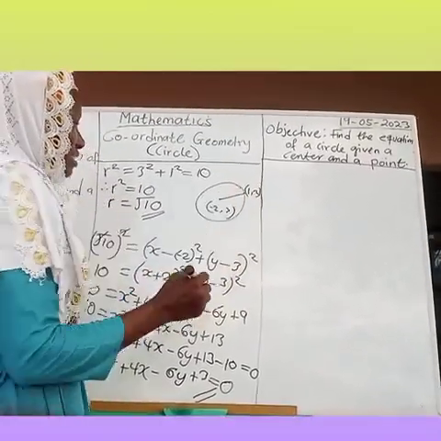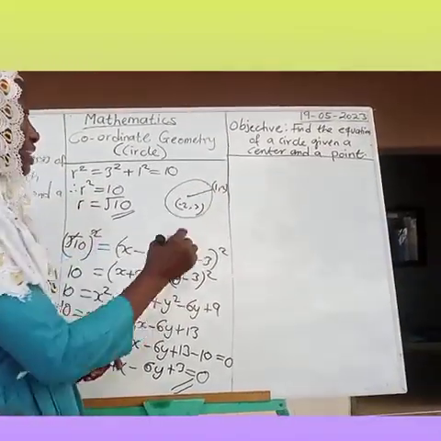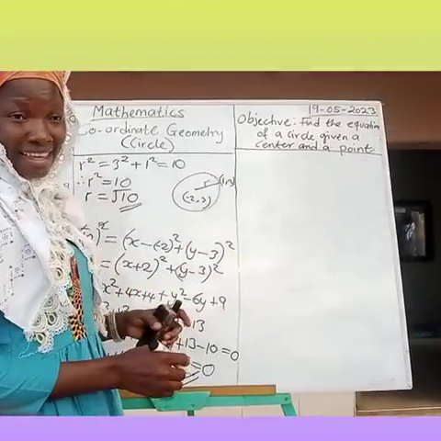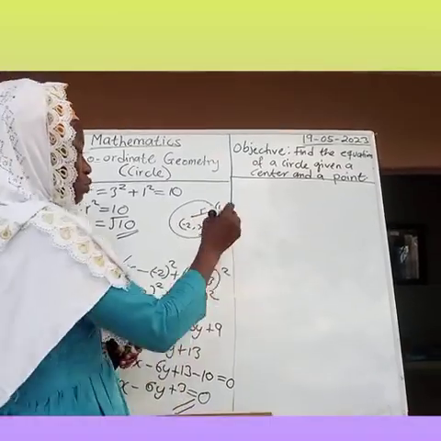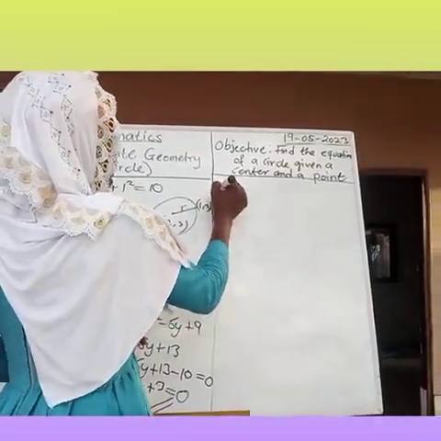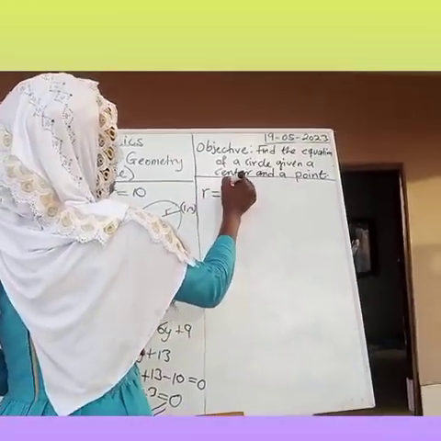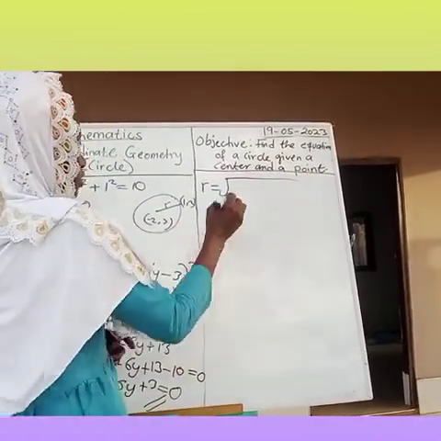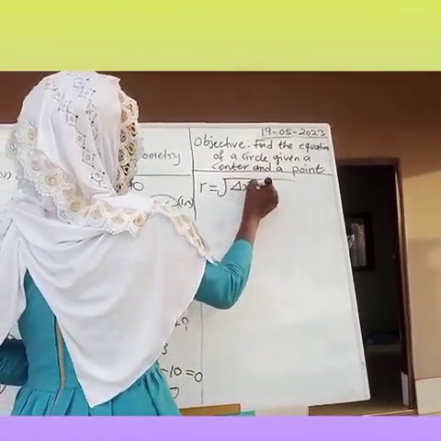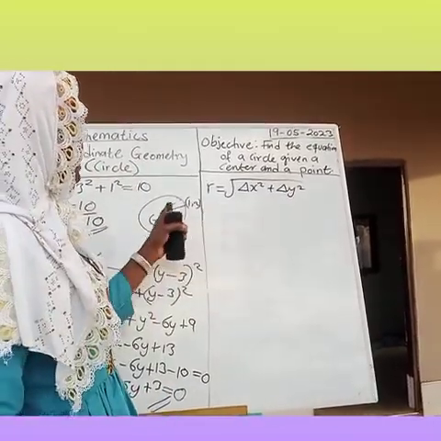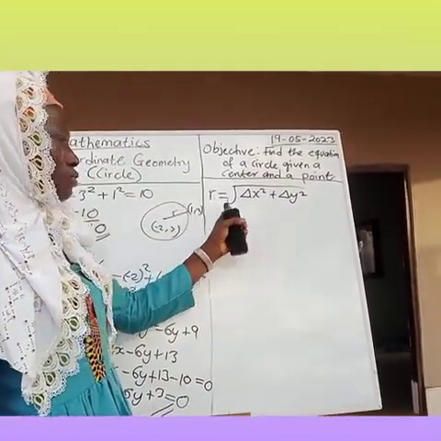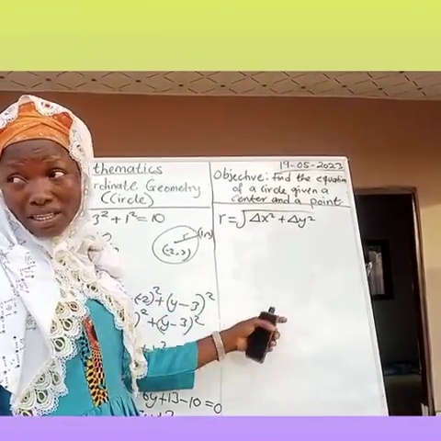To get the equation, we still need the radius, and the radius is what? A line. And for a line, we need what? The distance. So to get r, the radius, r is equal to the positive square root of change in x squared plus change in y squared. Since this is a line, we can use this approach to help us get the radius.